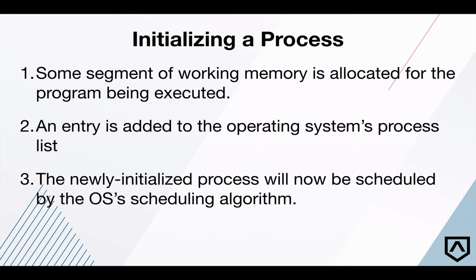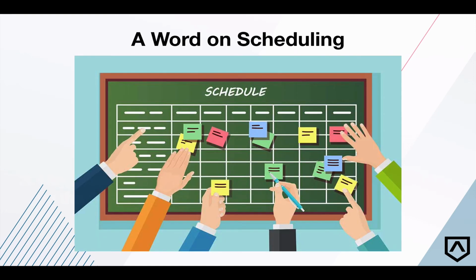Then lastly, the newly initialized process will have to be scheduled to be run by the operating system's scheduling algorithm. To this last point, let's talk really quickly about scheduling. We're not going to go into this in a whole lot of depth in this particular video, but it does warrant a quick mention.